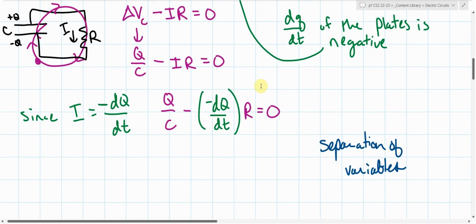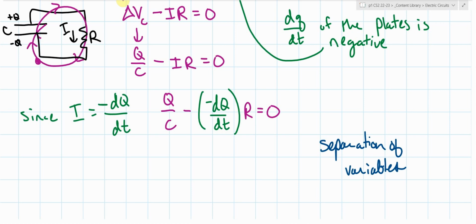Separation of variables means get all the Q's on one side and everything else on the other side. So all the Q's on one side, including the dQ.